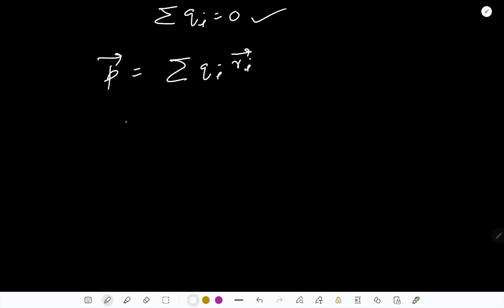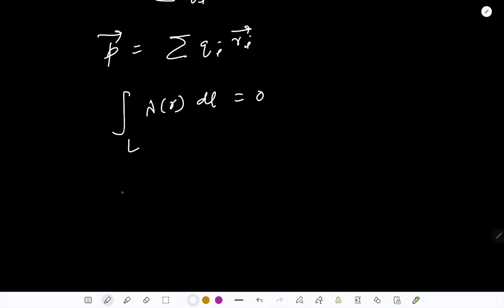You need to assure first that lambda dl, charge per unit length, dq by dl, over the whole length must be equal to 0, and then you calculate its dipole moment simply by calculating the integration of lambda r vector dl.